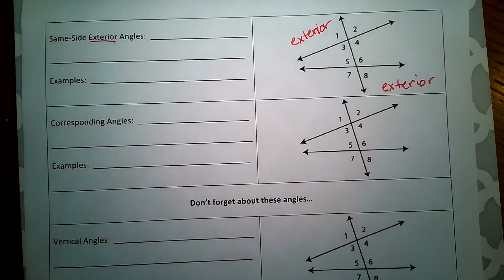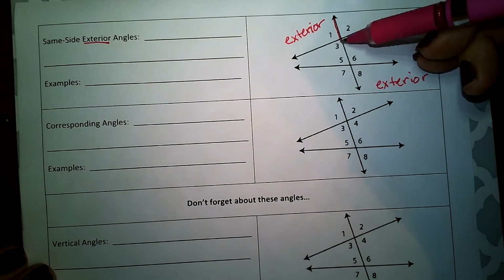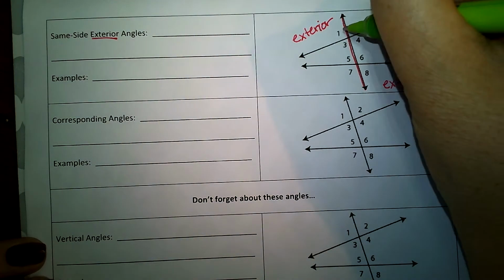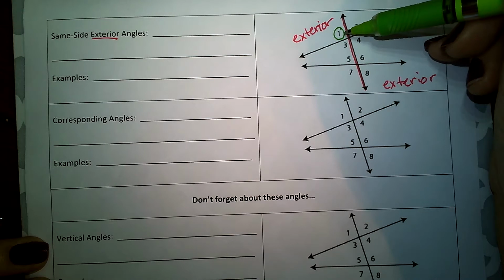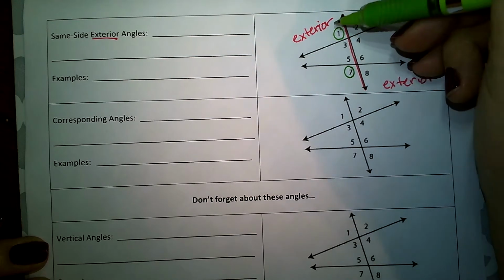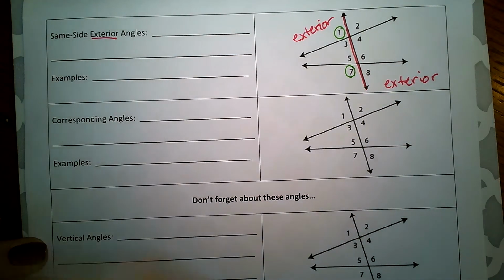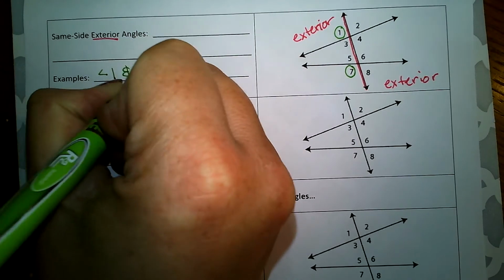Same side exterior is telling me that when we pick a pair, they have to be on the same side of the transversal. So here's my transversal again, bright pink. If I want to pick angle 1's same side exterior, angle 1 is on the left, so is angle 7. They are on the exterior of the two lines, and they are on the same side of the transversal. Angle 1 and angle 7.